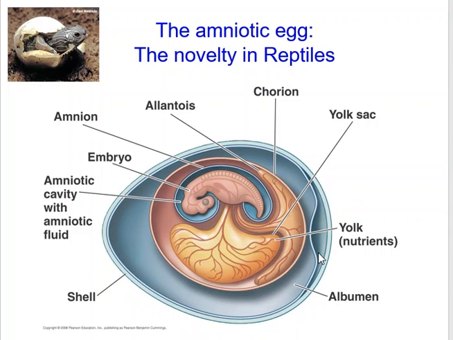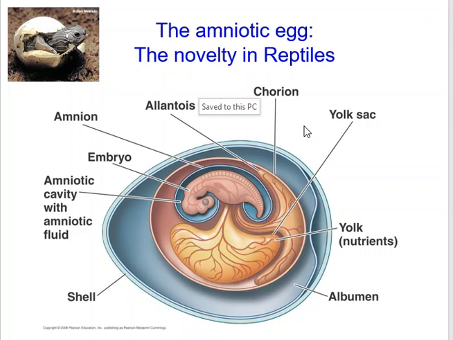So if you remember and study all these parts of an amniotic egg for reptiles, they're nothing else than the same that we'll find in birds. And in a way, you're already familiar with this type of egg, because this is the type of egg that we feed ourselves on, the bird egg.